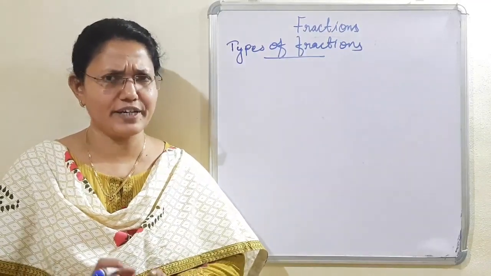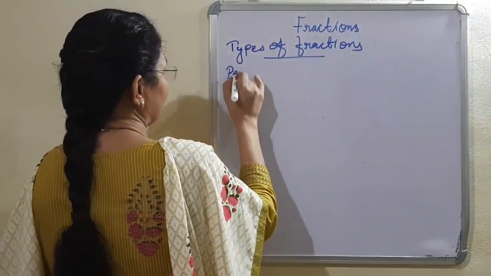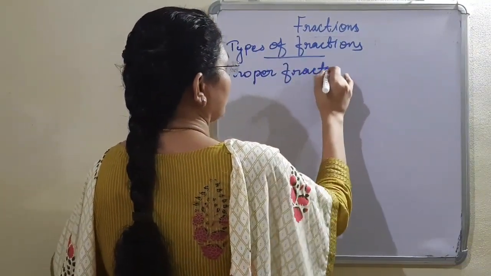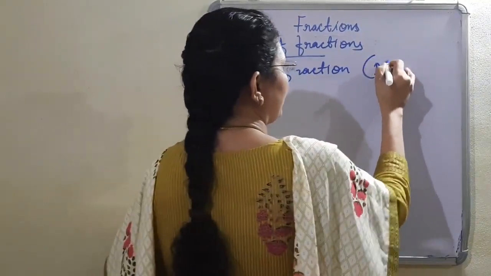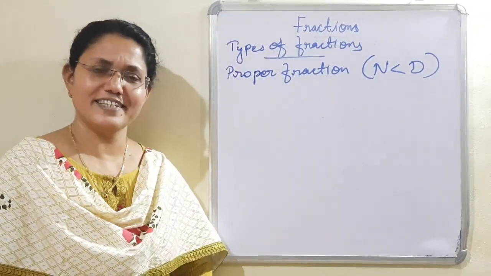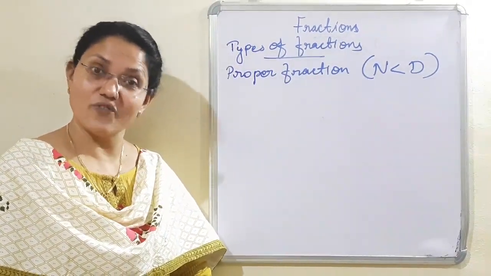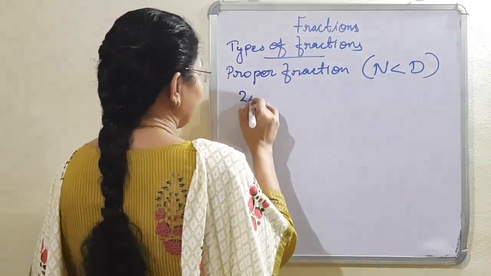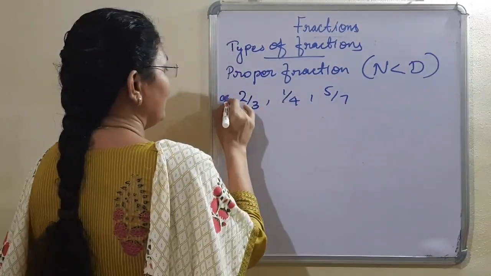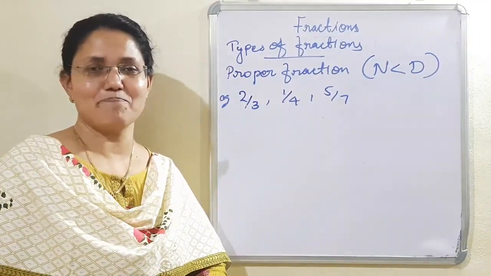In a fraction, numerator is smaller, denominator is bigger. Can you tell me some example? Yes, 2 by 3. Next, 5 by 7. Next, 1 by 4. In all these, the numerator is smaller, denominator is bigger.